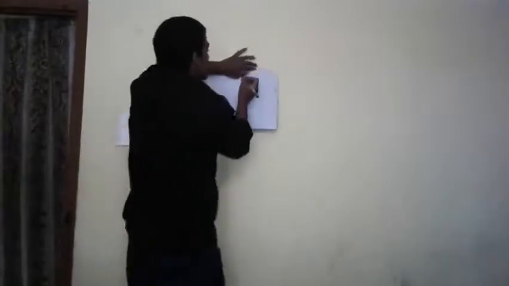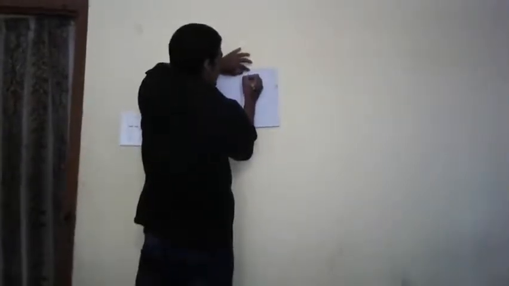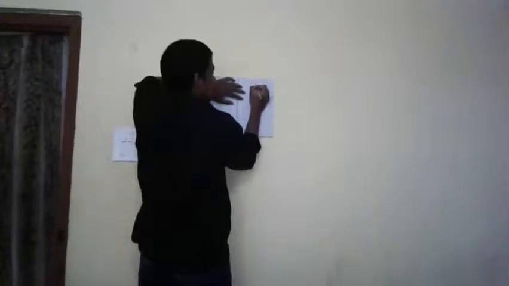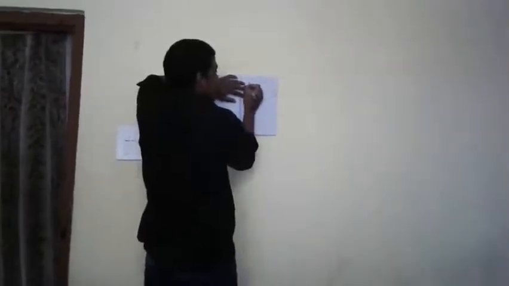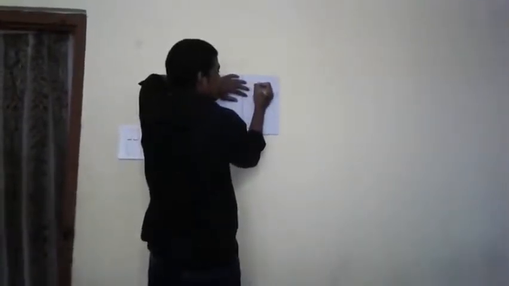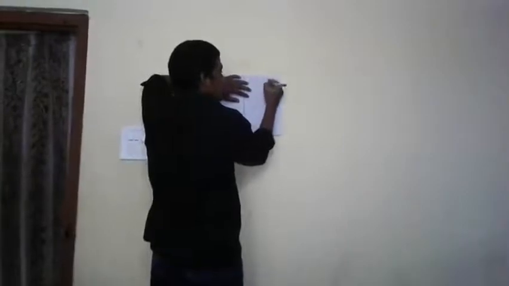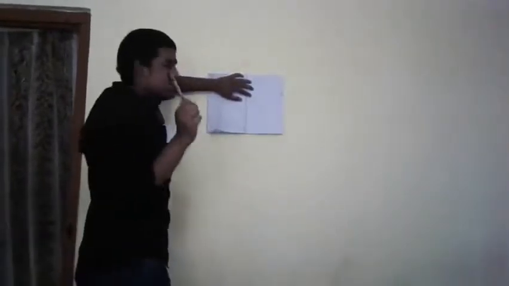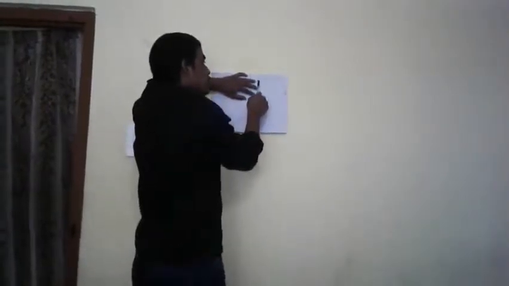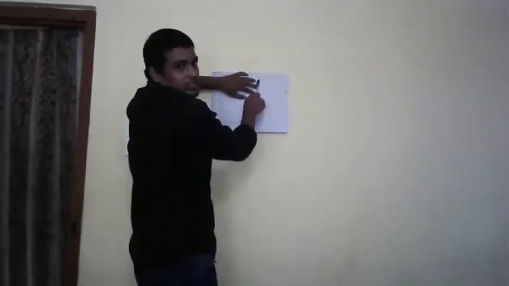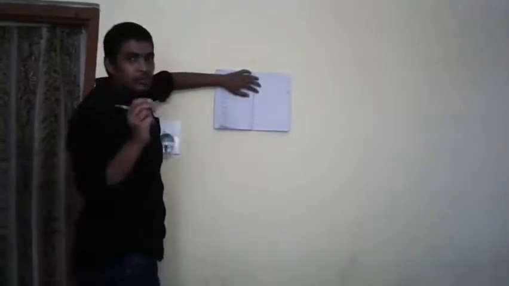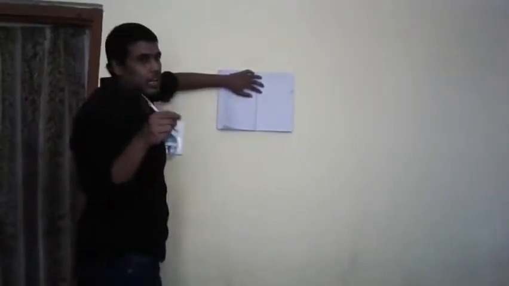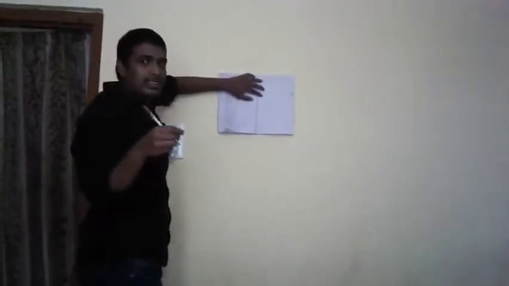For example, R1 is 10 ohms, R2 is 20 ohms, R3 is 30 ohms, R4 is 40 ohms. So R equivalent will always be less than the smallest resistance, which is 10 ohms. This is an easy key point which we can use in the examination.